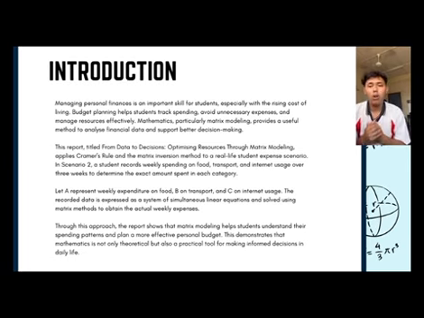The student's goal is to identify the exact amount spent in each category to create a more effective and suitable personal budget. For this scenario, A represents weekly expenditure on food, B represents weekly expenditure on transport, and C represents weekly expenditure on internet.